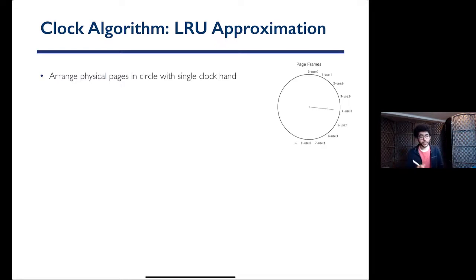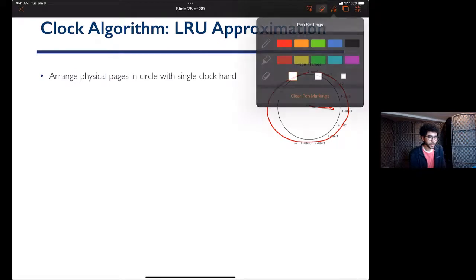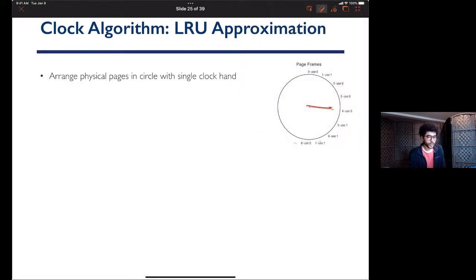Now, the clock algorithm has this clock hand. We're going to put all the physical pages around a circle. So now the hand is pointing to a page. If we get a page fault, the page the hand is pointing to is going to be the victim.